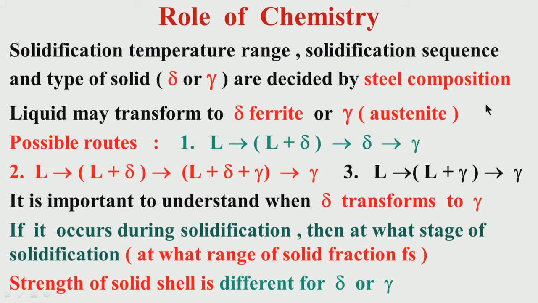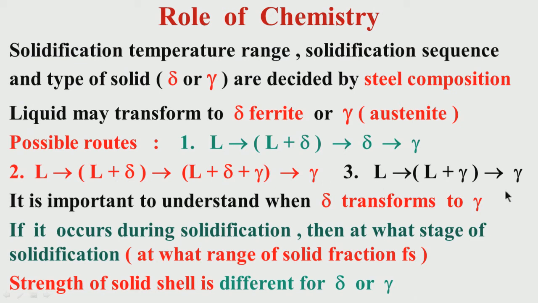The chemistry dictates how solidification takes place and what the relative proportions are during and below solidification. There are three possible routes: liquid going to liquid plus delta, then delta, and then gamma. This is the situation for carbon less than 0.1. Another is liquid going to liquid plus delta, then liquid plus delta plus gamma, then gamma. This is the situation for a carbon content between 0.1 and 0.5.